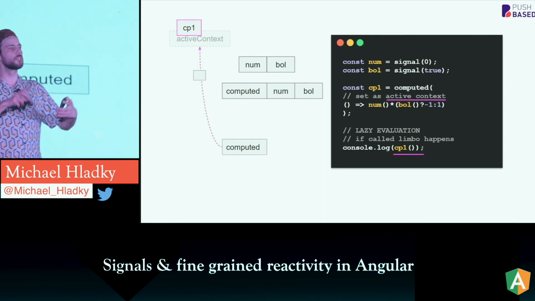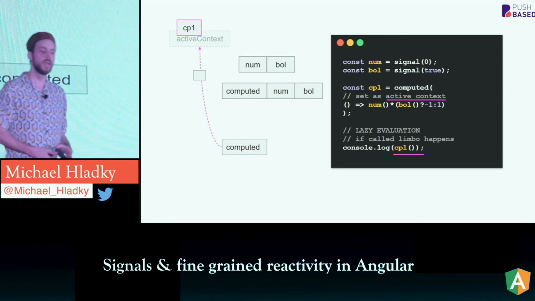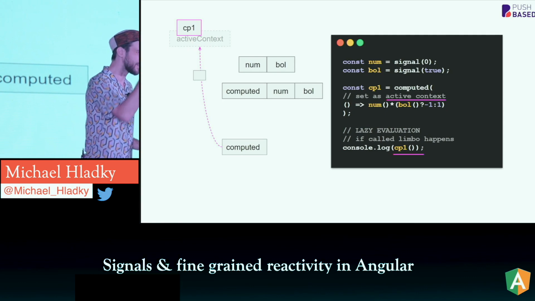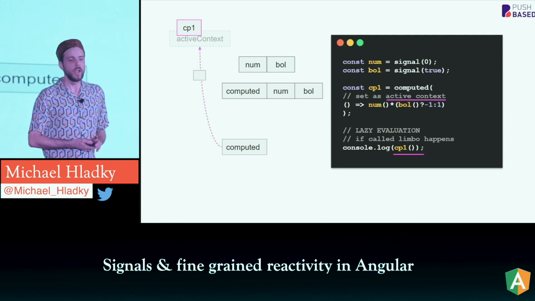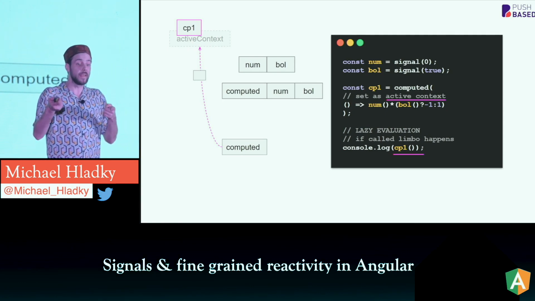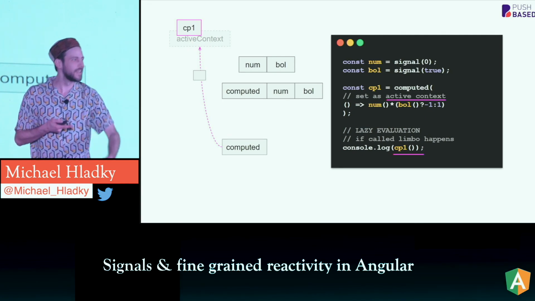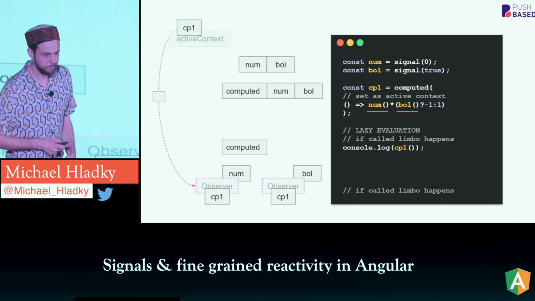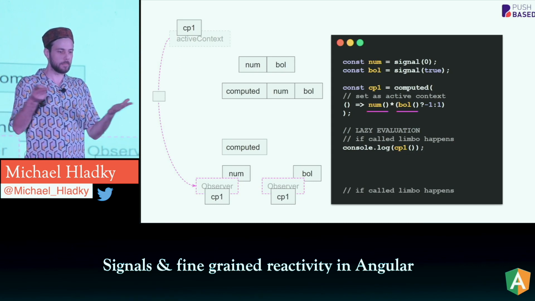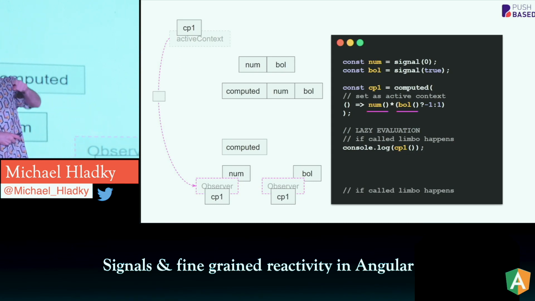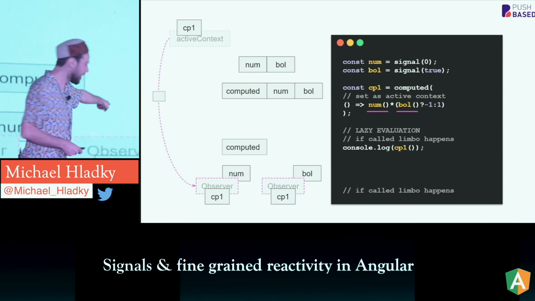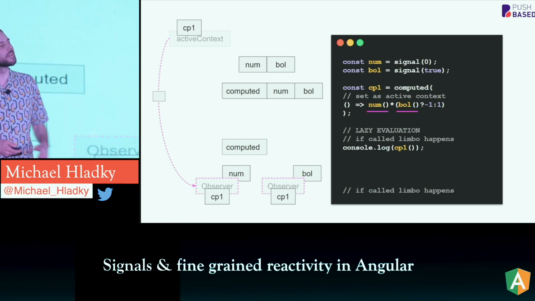And then I execute my computed content. And in my content there are two signals, the number signal and the bool signal, and both of them, when they get the value, will pull the active context into their observers. And after that step, I have both my signals here, and the computation is in their observers.